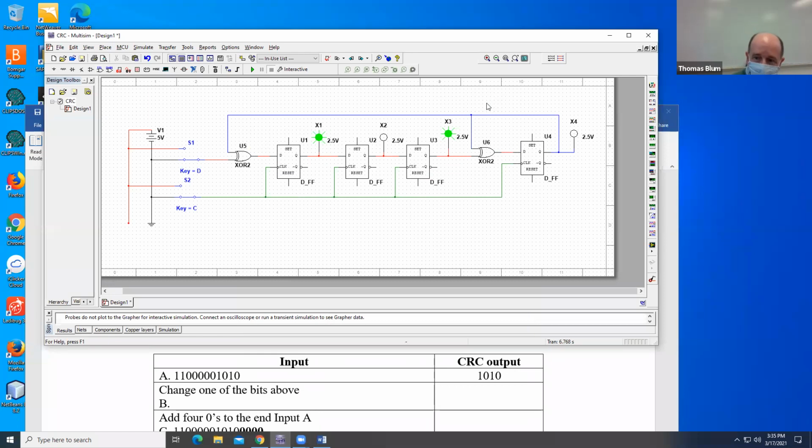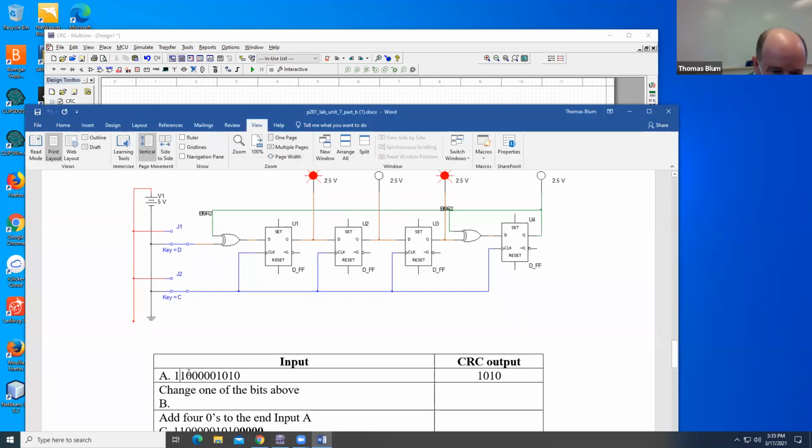Okay, so we have this circuit now built. It is a memory circuit, so it has a history dependence. And so when I give you this problem from scratch, I am assuming that you have just turned on the CRC.